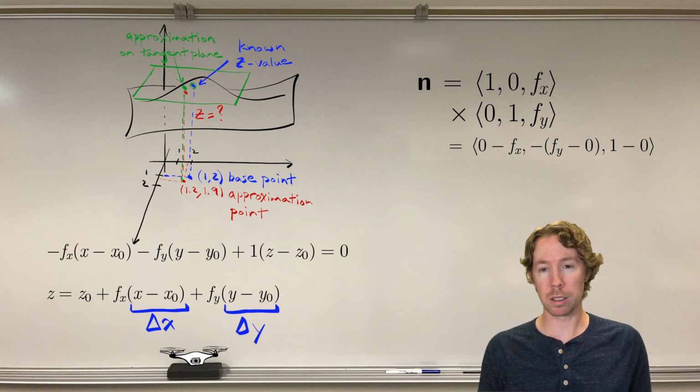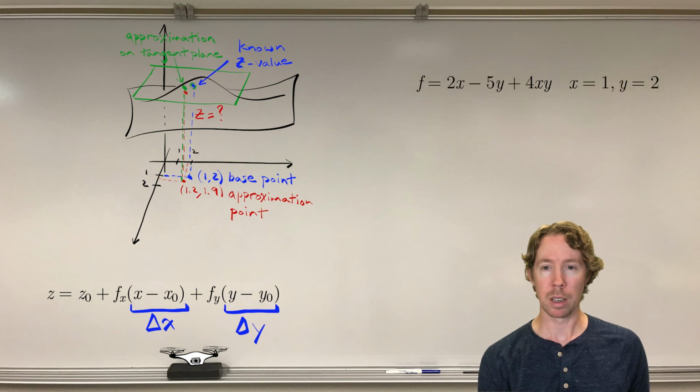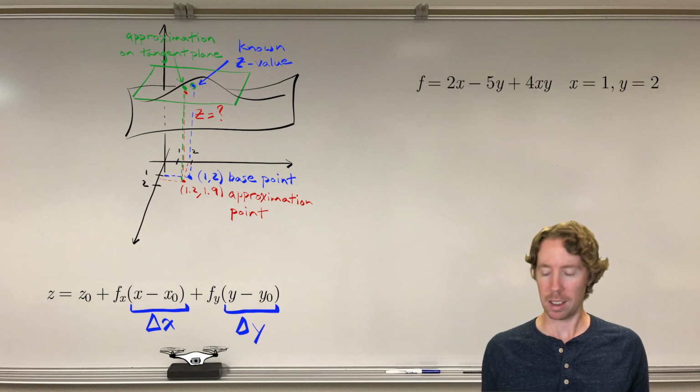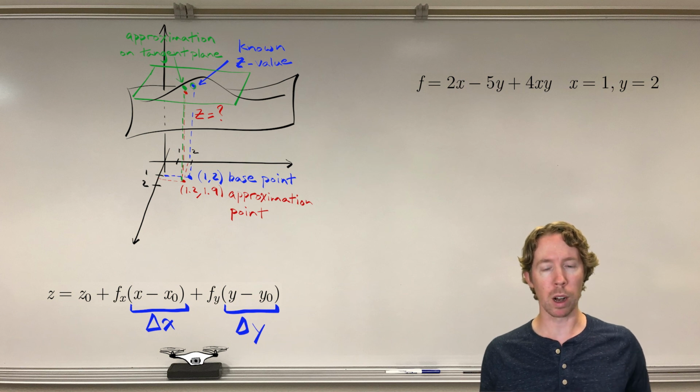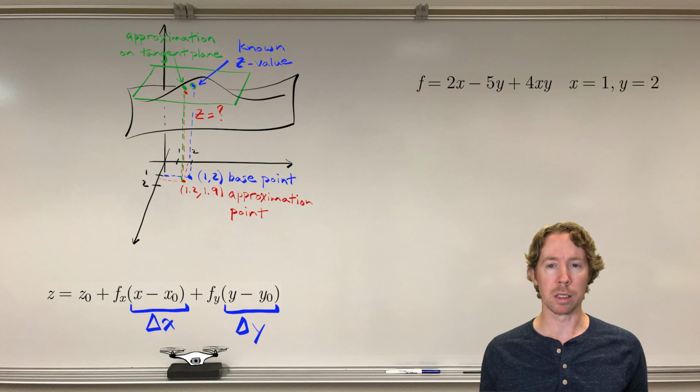So let's go ahead and work out an example. Here's our example, and so we need to take the partial derivatives with respect to x and y. For fx, treat y as a constant, so we'll get 2 minus 0 plus 4y.